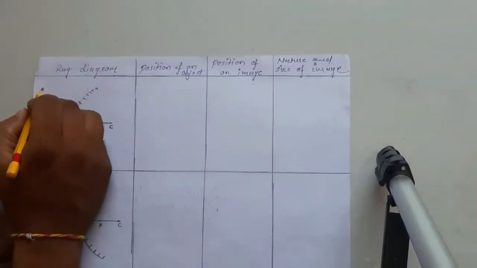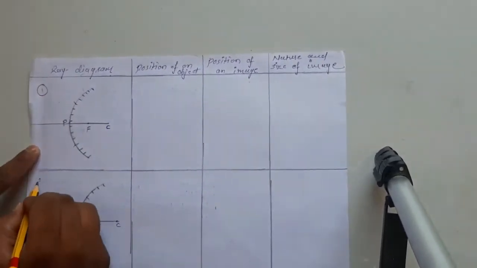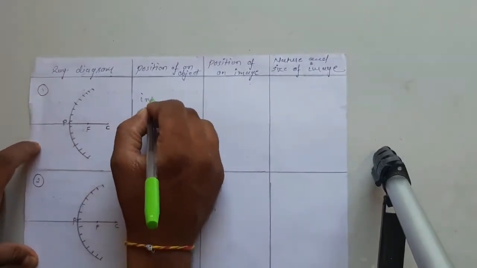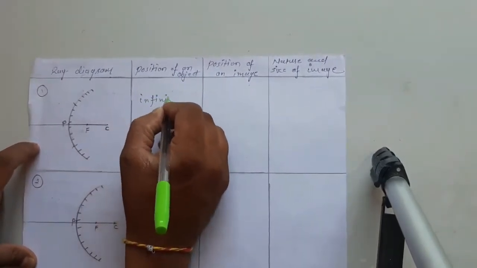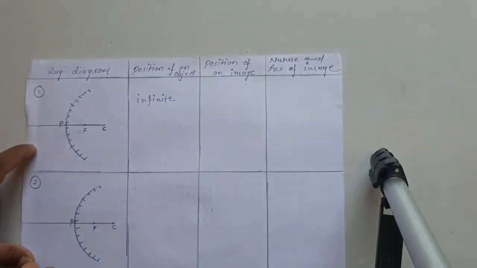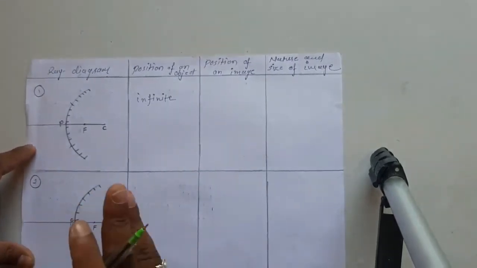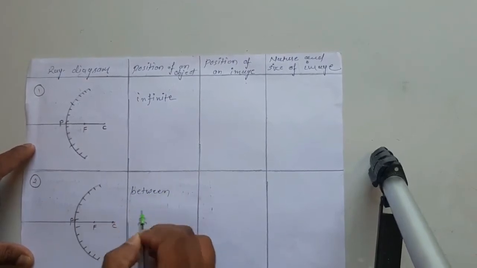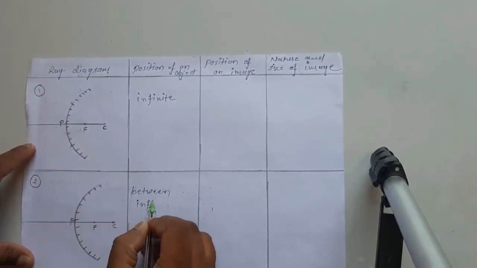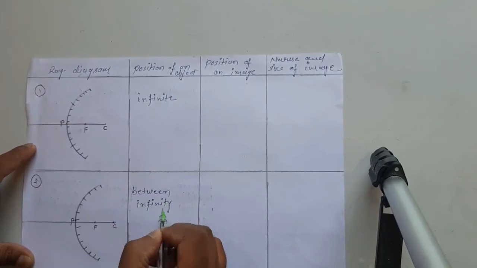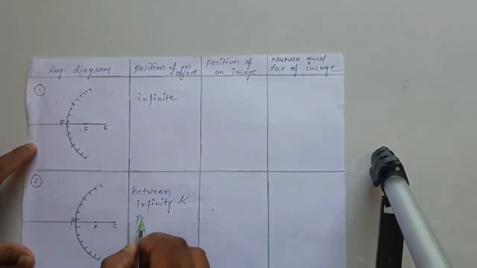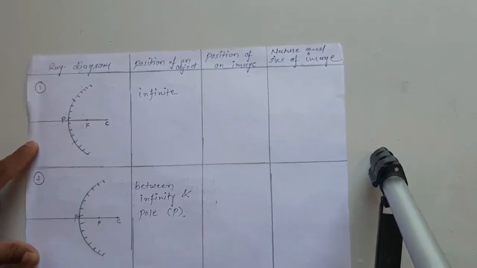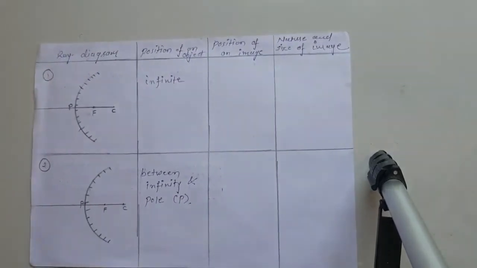In the first case, our object will be at infinite distance, and in the second case our object will be between infinity and pole P. Only two cases are there in convex mirror.